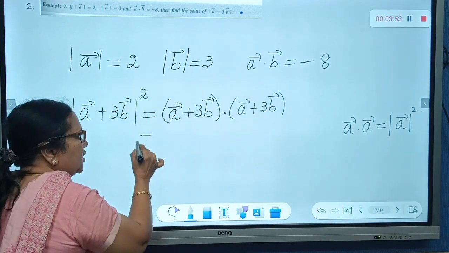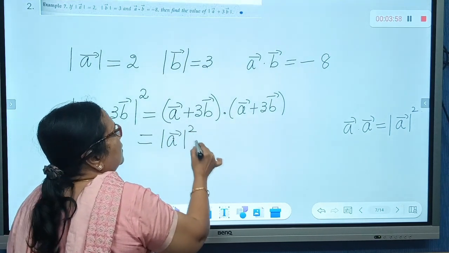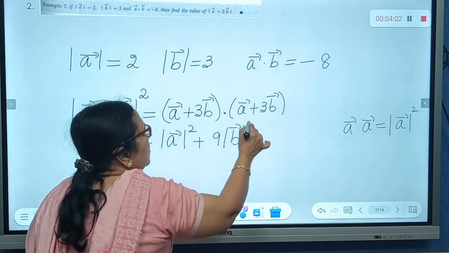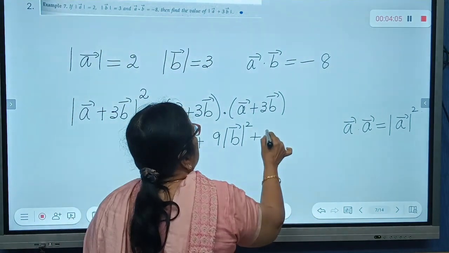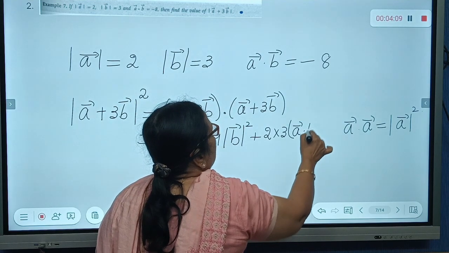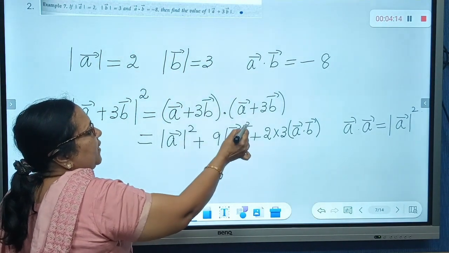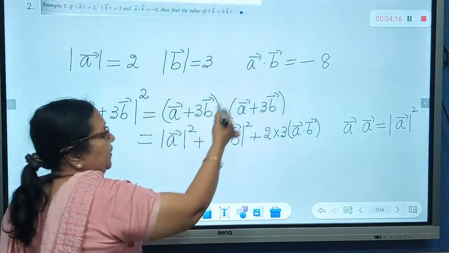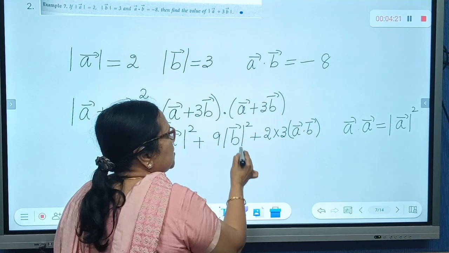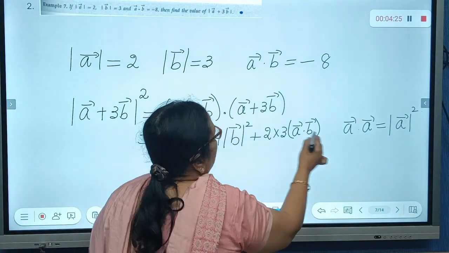On further simplification, modulus of a vector the whole square plus 9 times modulus of b vector the whole square plus 2 into 3 into a dot b.